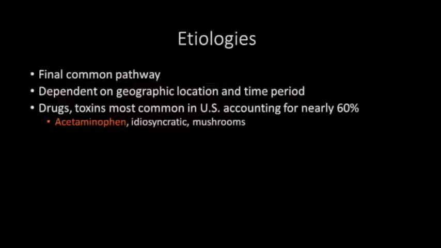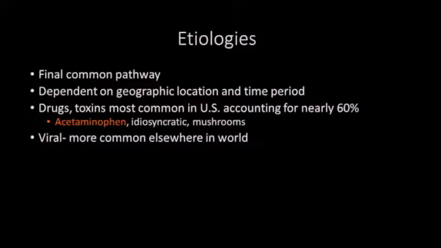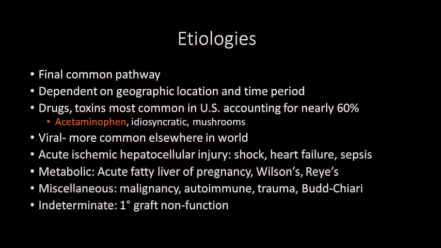Of those, acetaminophen is the most common drug that we know of. Many are considered idiosyncratic, which of course just means we don't know what caused it, and mushrooms, wild mushrooms, are also a cause. In the rest of the world, viruses are a more common cause of acute fulminant liver failure.